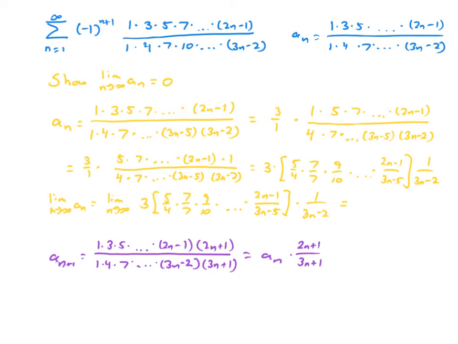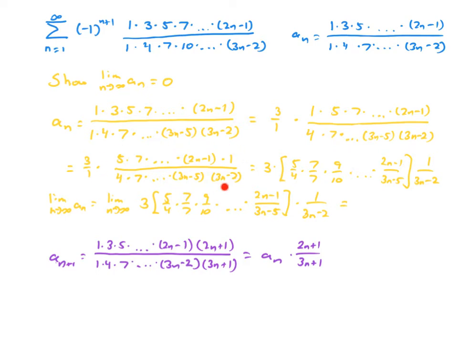So I have 3 over 1 times 5 times 7 times all the way to 2n minus 1, times the 1, and then we have 4 times 7 times all the way down to 3n minus 2. Notice, all we've done is pull out 2 factors. We had the same number of factors in the top and bottom. We pulled out 1 from the top and 1 from the bottom, so we still have the same number of factors there.